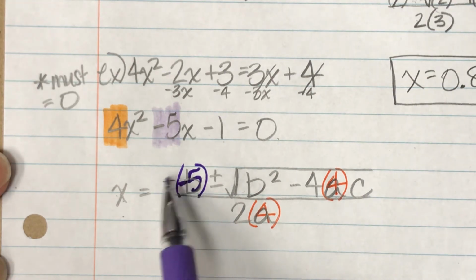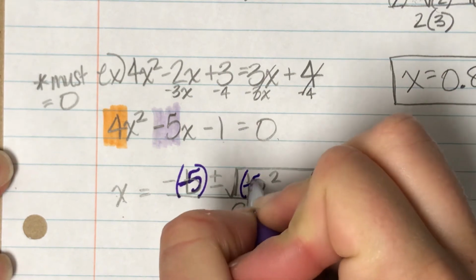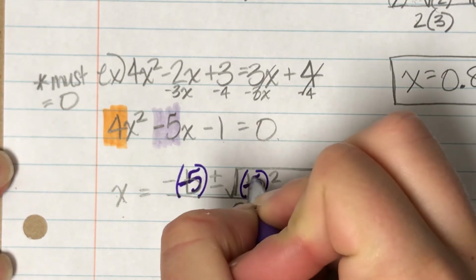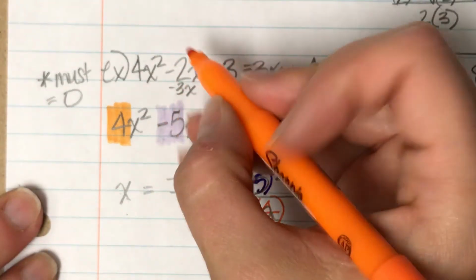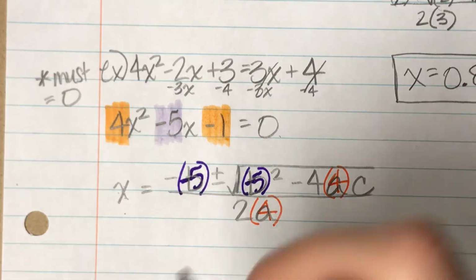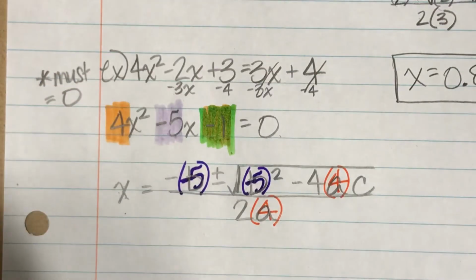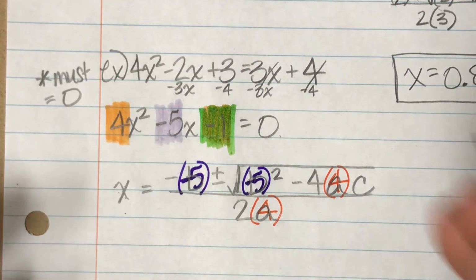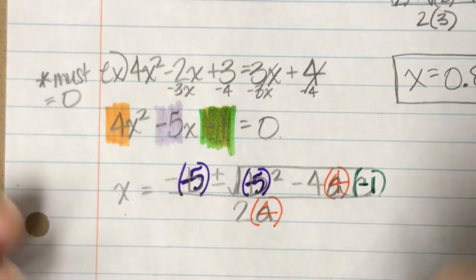I'm probably just going to end up calling that a positive 5, okay? The same thing here. B is negative 5. And then c is negative 1, and so this c is also negative 1.